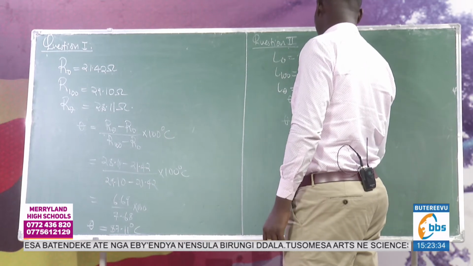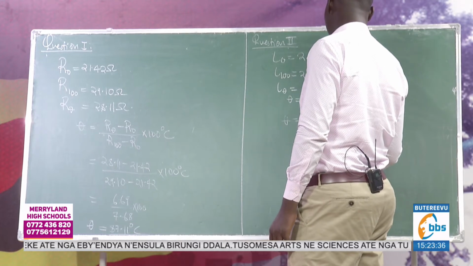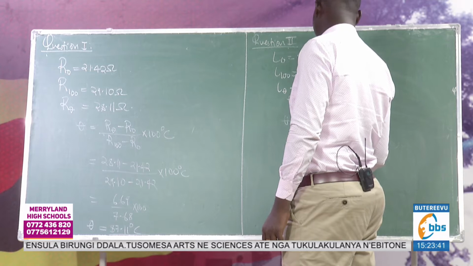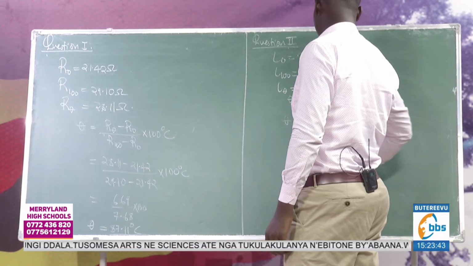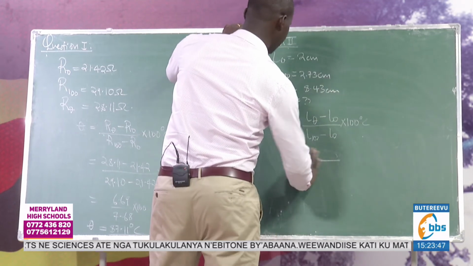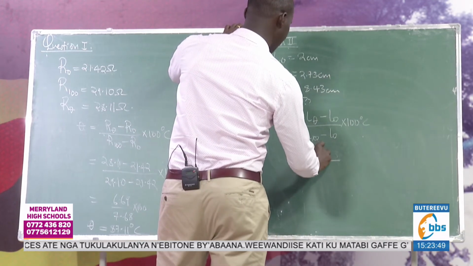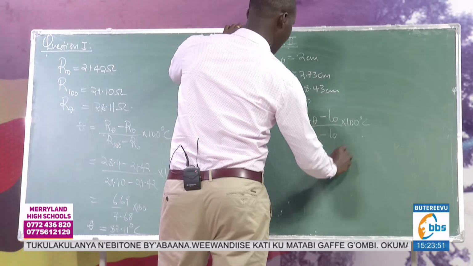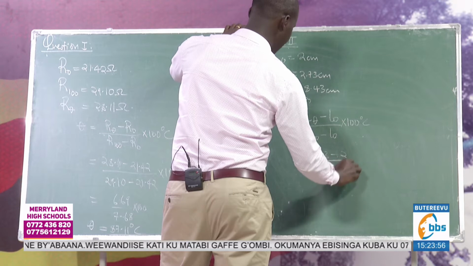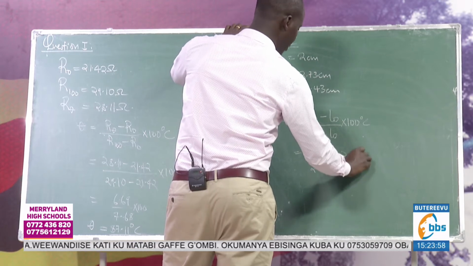This will lead me to 2.73 minus 2 divided by L100, which is 8.43 minus 2, and then multiplied with 100.